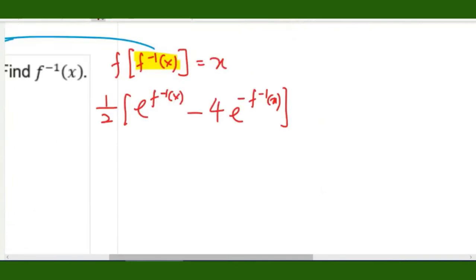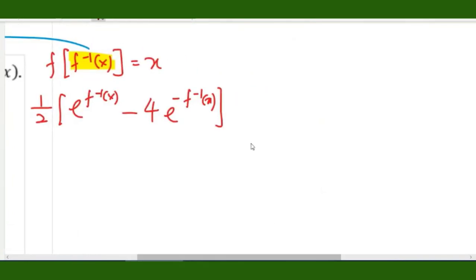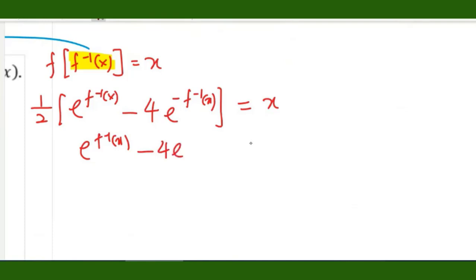Okay, sorry for the delay. Not to forget to equate it to x as it takes the properties. Now by simplifying, we could multiply 2 to the other side, so you will end up having e^(f inverse of x) minus 4e^(negative f inverse of x) equals 2x.